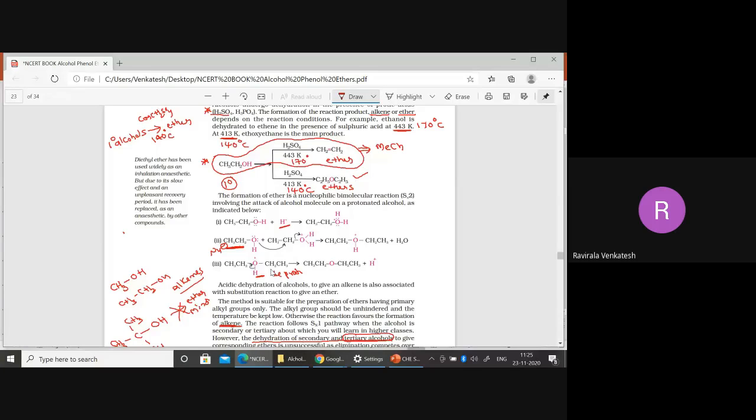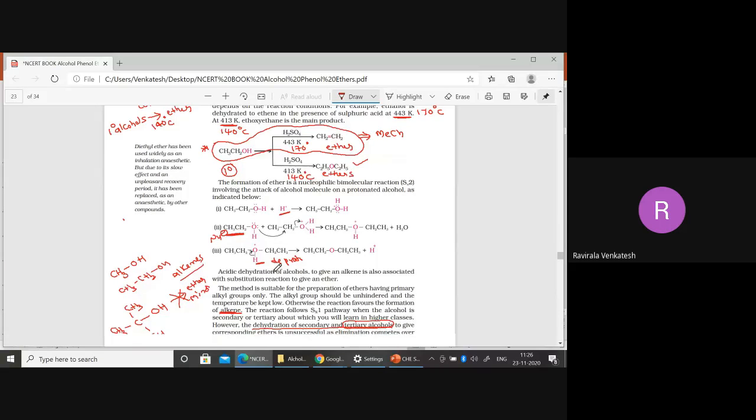That means primary alcohols can be converted into ether at 140 degrees Celsius. But at 170 degrees Celsius, we get alkenes. If you take secondary or tertiary alcohols also, you will get alkenes only. You don't get the ethers. This is the main point you have to understand.